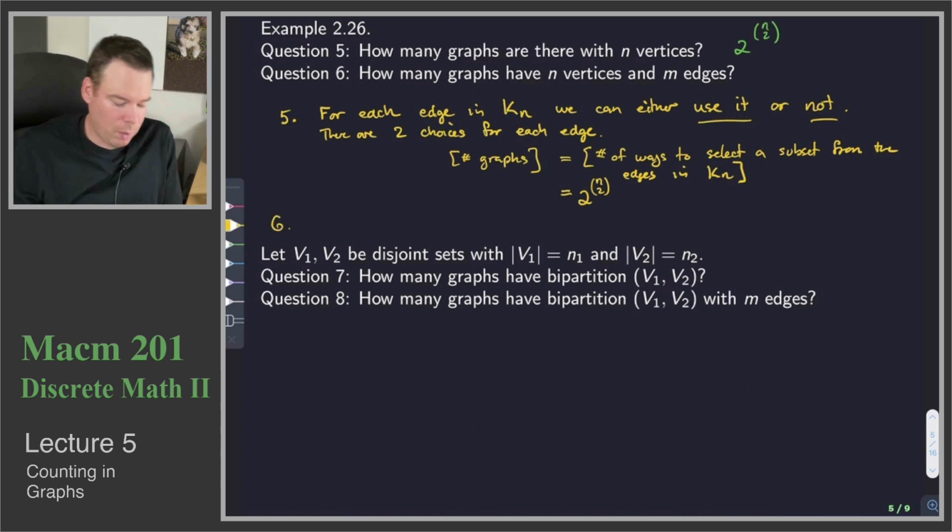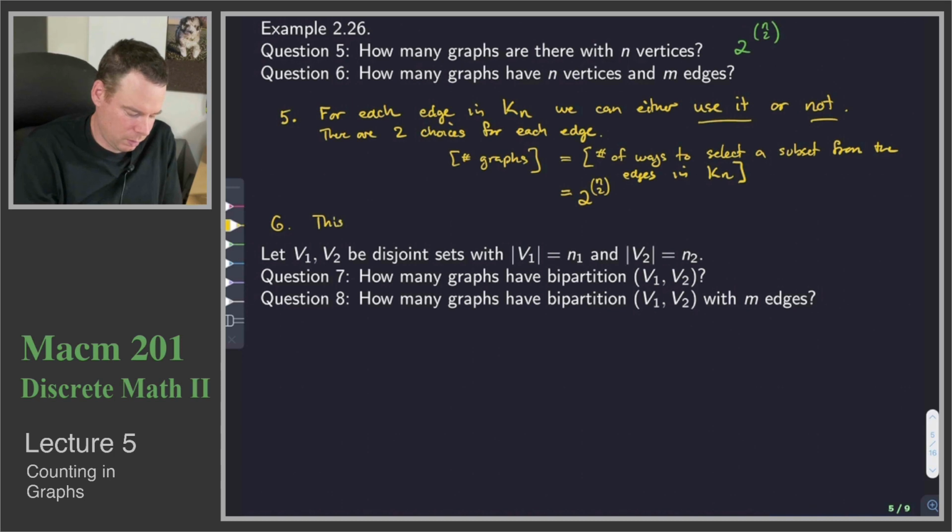6. How many graphs have n vertices and m edges? So in this case, we've got a graph with n vertices, and I want to know how many ways I can fill m edges in. We can think of this again, taking the complete graph on n vertices and choosing m edges from the entire collection of edges.